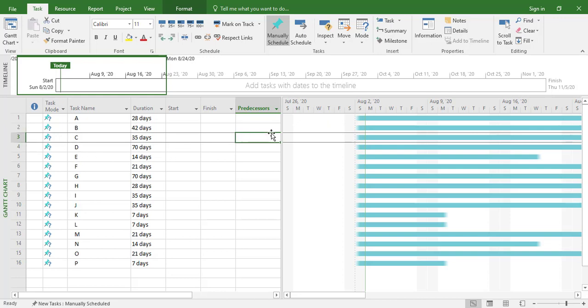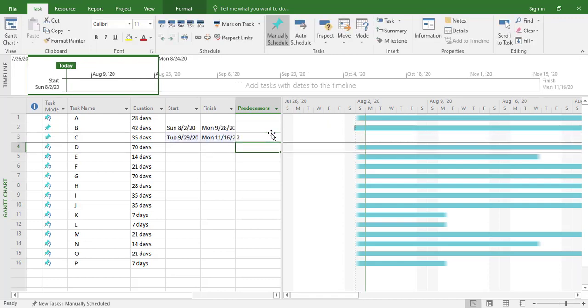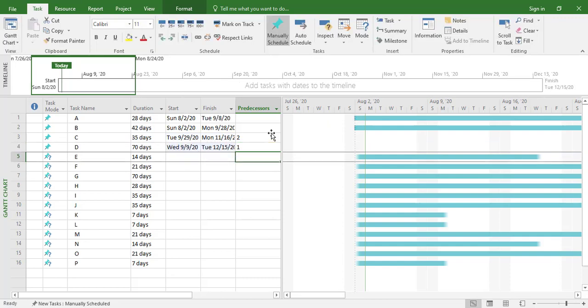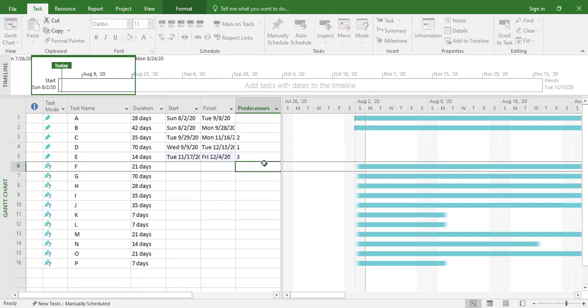So here you need to type as 2. Next is D, and for D, A is predecessor, which is activity 1. For E, predecessor is C, which is third activity. So we will give here 3.